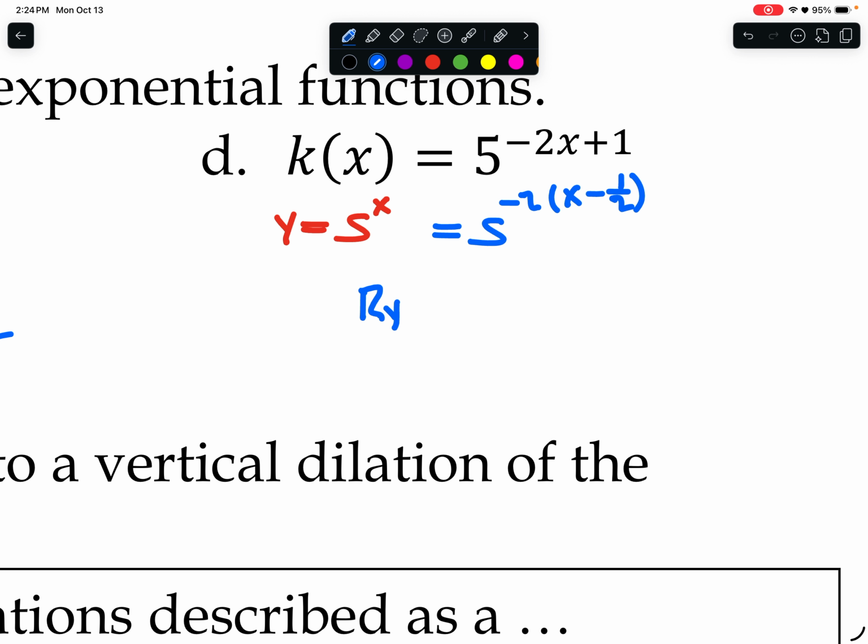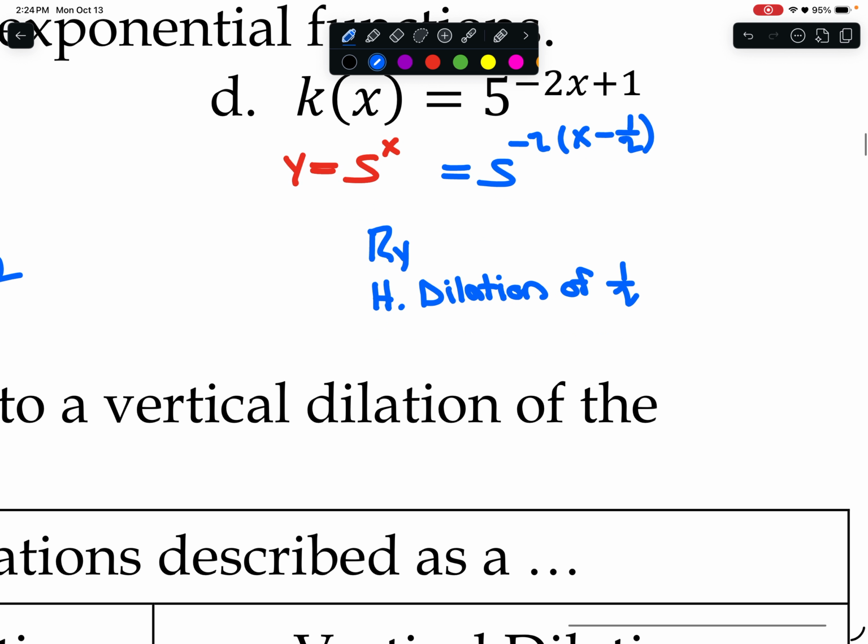And then we're going to have a horizontal dilation of 1/2. And then we're going to go right 1/2. So the reflection over the y-axis, horizontal dilation of 1/2, and then we're going to go right 1/2. So those are where all those transformations are coming from.